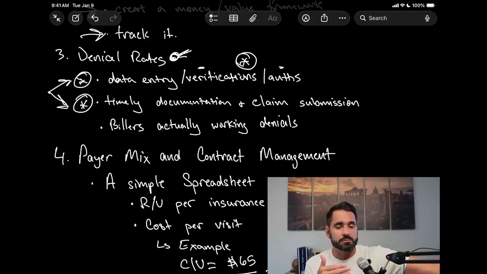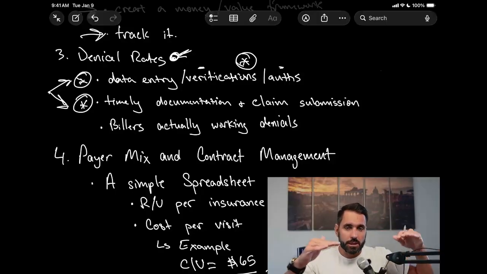They come back with some type of denial notice from the insurance provider because you didn't cross a T, or you billed too many units, or whatever it is, or you didn't have authorization, or the verification wasn't accurate, right? Which is typically most of the time. We want that number to be low.